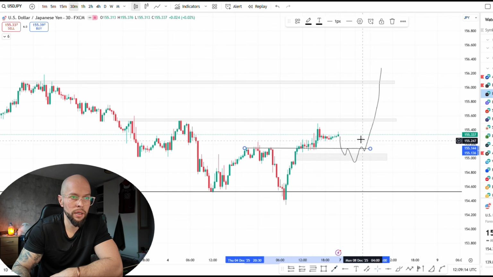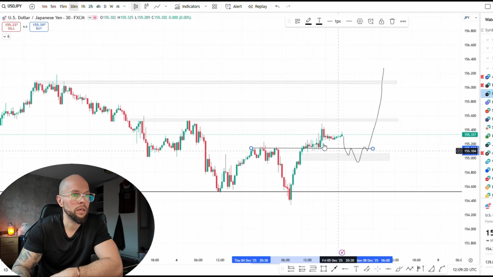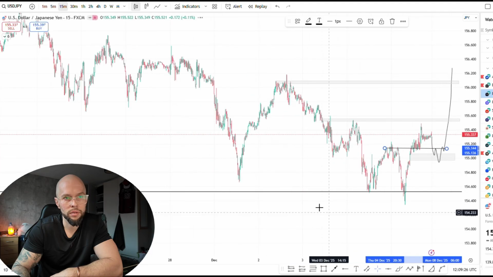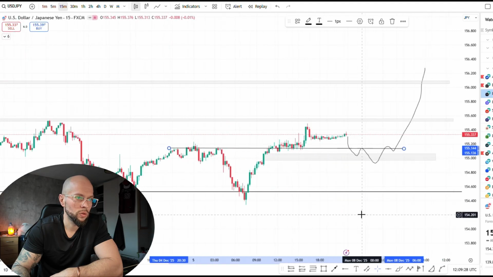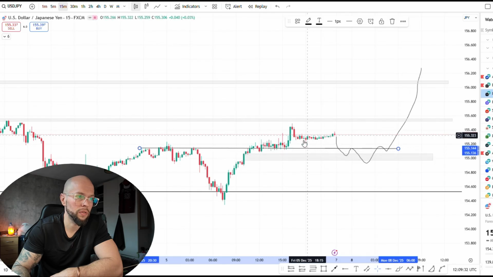Okay, liquidity out to the upside. Obviously, this is a change of character. On 15 minutes, we have our lower low. Change of character. Not a strong one, but it is.